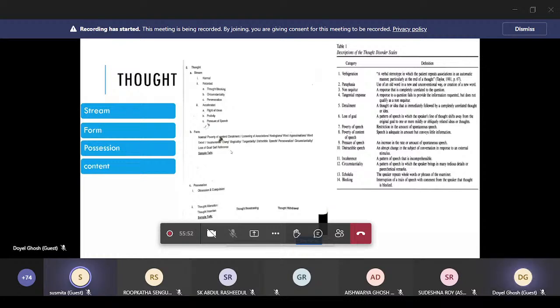Illogicality you can understand. Tangentiality we have discussed. Distractible speech you can understand. Perseveration, circumstantiality, loss of goal, and self-reference. Self-reference is whatever he will say, there will be a self reference, that I had this idea, or it happened to me.